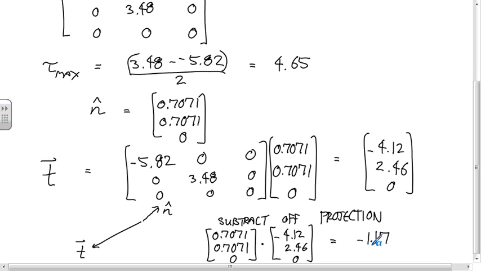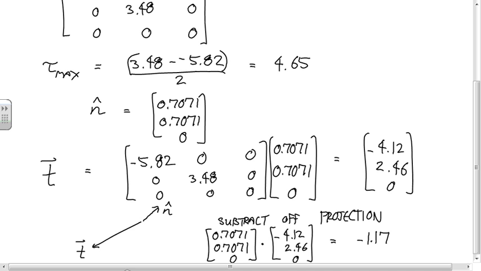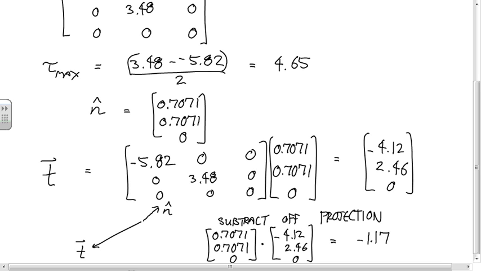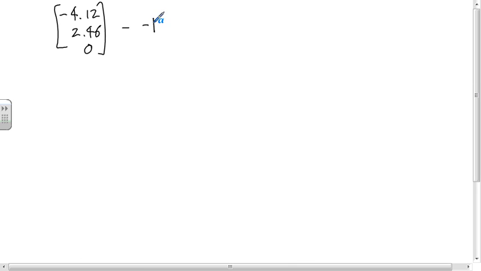So we'll take our original traction, so negative 4.12, positive 2.460, minus negative 1.17 times that normal vector.